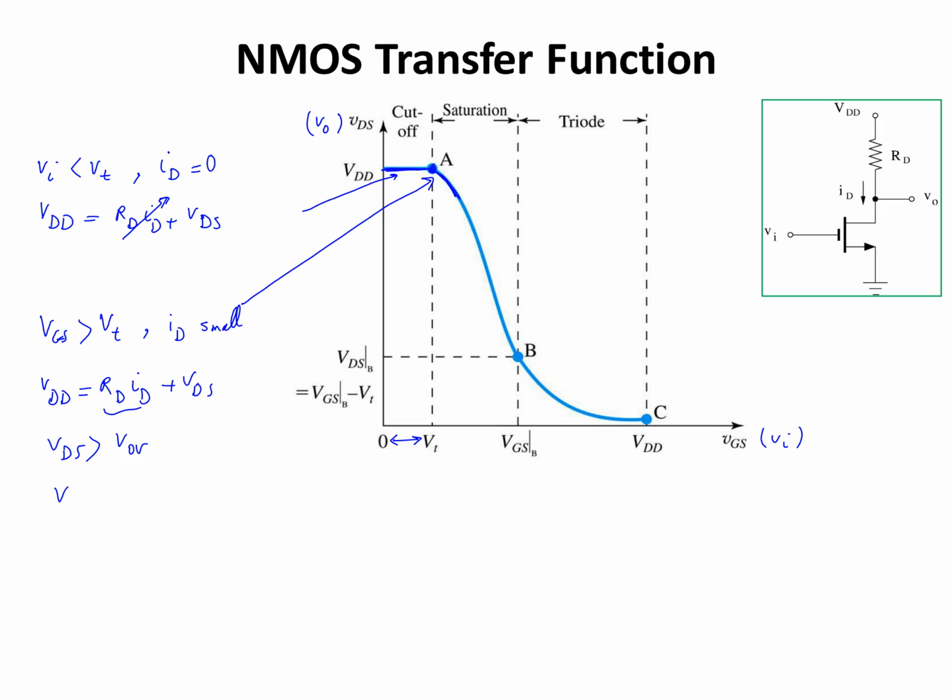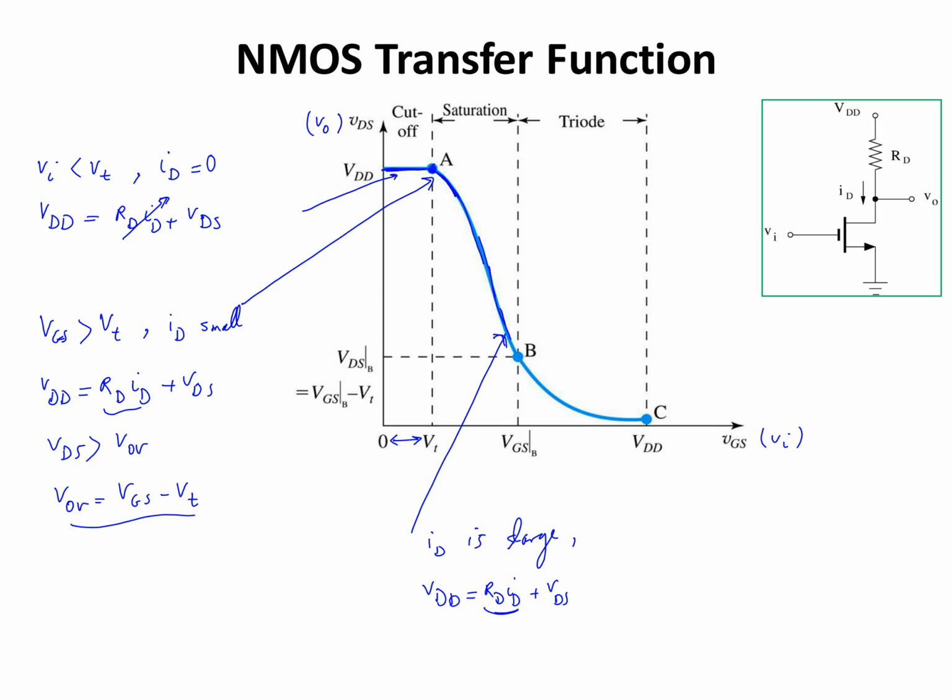So overdrive voltage is defined as VGS minus V threshold, which is a small number here because VGS is close to threshold voltage. Now I keep increasing the value of VGS and I'm getting close to the point to the left of point B. At this point, ID is large because VGS is increased compared to point A. From there, VDD equals RD times ID plus VDS.